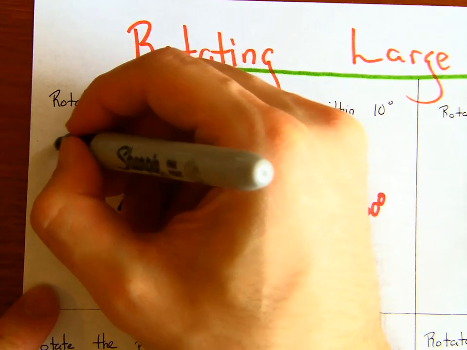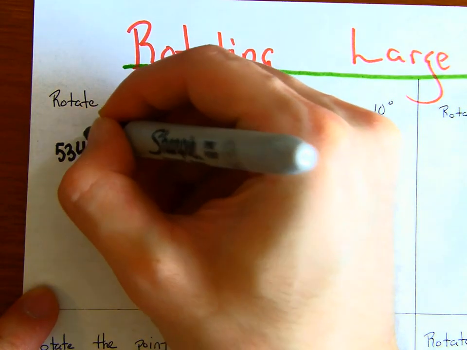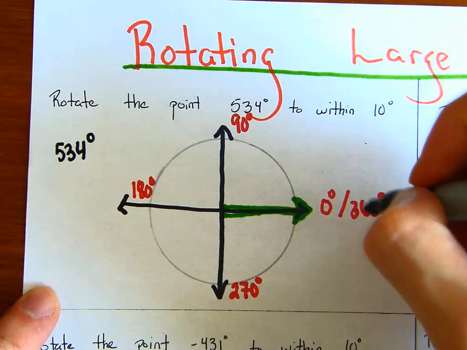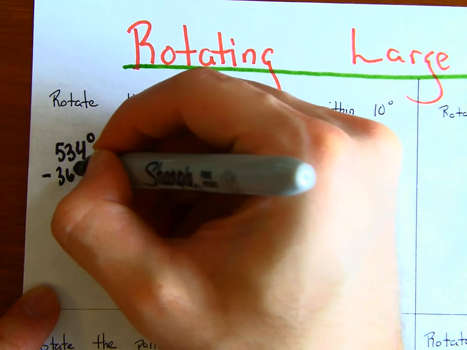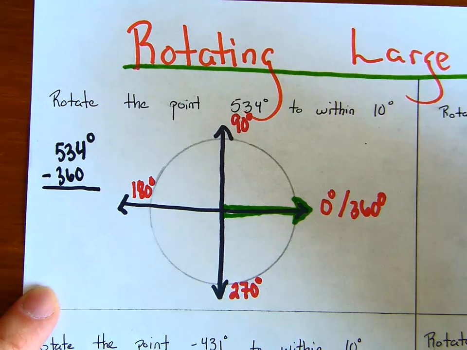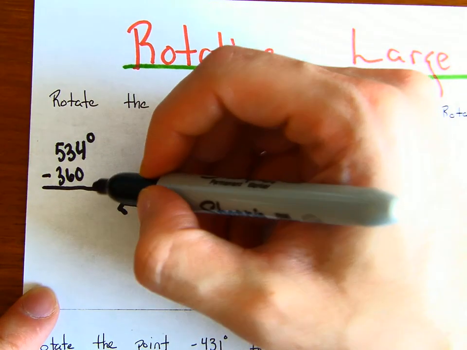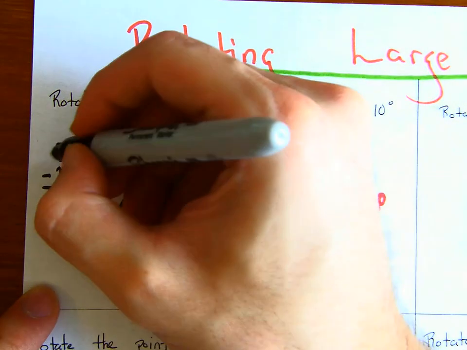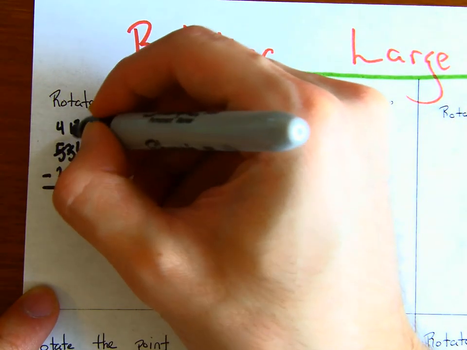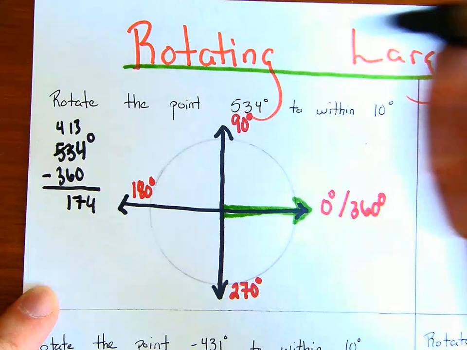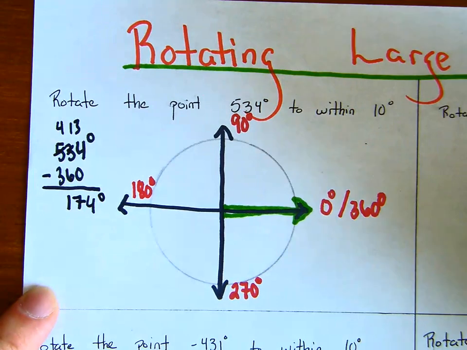Notice that you started off with 534 degrees, and let's say you use 360 of it. How much is left? Well, let's see. There should be 174 degrees left.